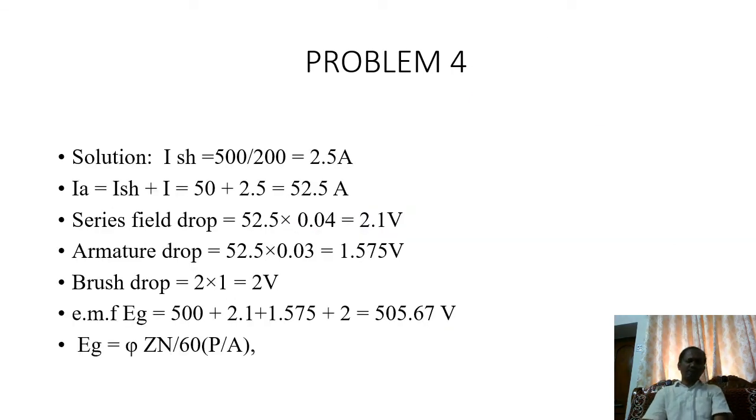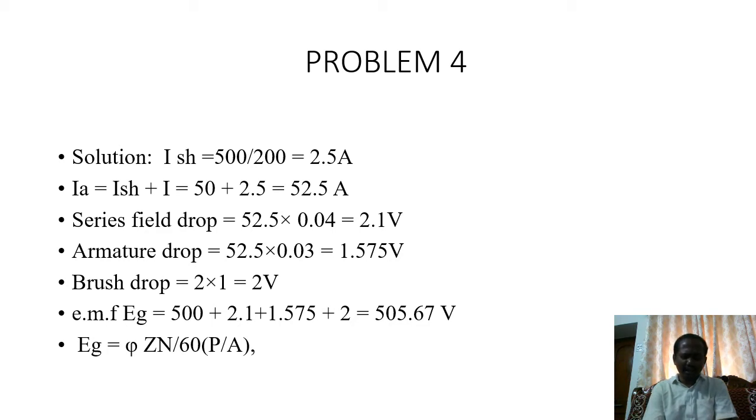This is the solved problem solution. What is actually given? The supply voltage across the armature and series is the same, and parallel to the shunt field. So Ish is equal to V by Rsh. What is V? 500. Rsh is 200, so 2.5 ampere. What is the shunt field current? 2.5 amperes here.